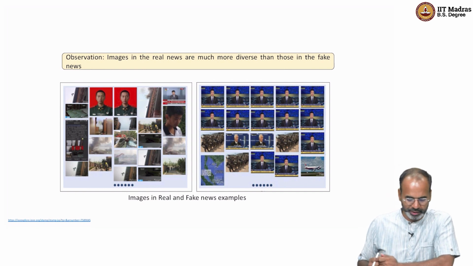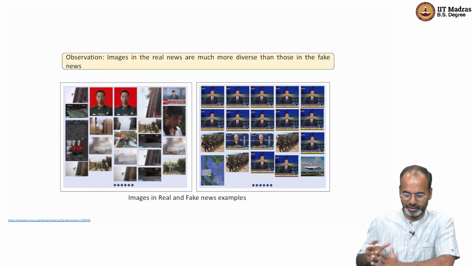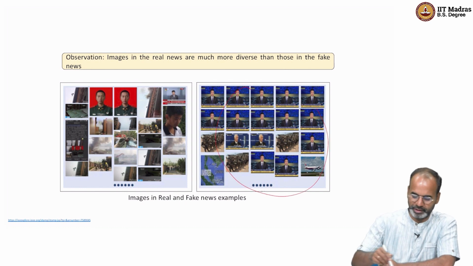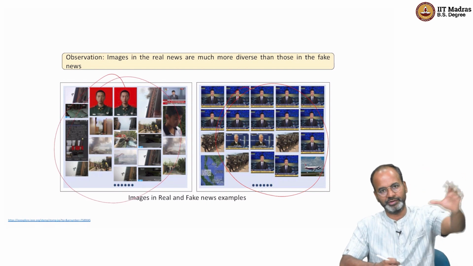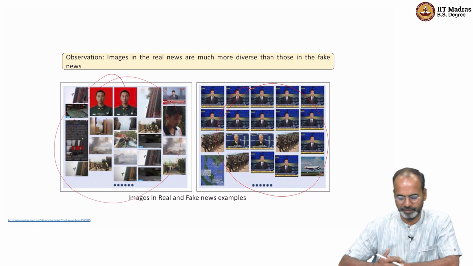Images in real and fake news is a very interesting observation, right? If you see, images in the real news are much more diverse than those in the fake news. This is fake. All of them look the same, whereas for real, if you take an incident, the real news has a more diverse set of images.